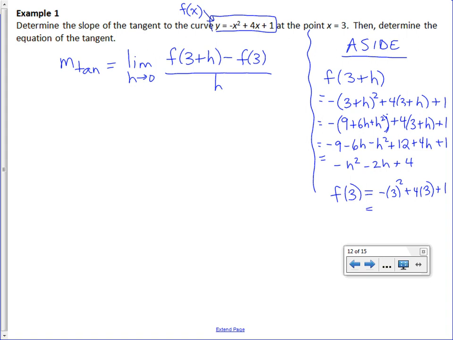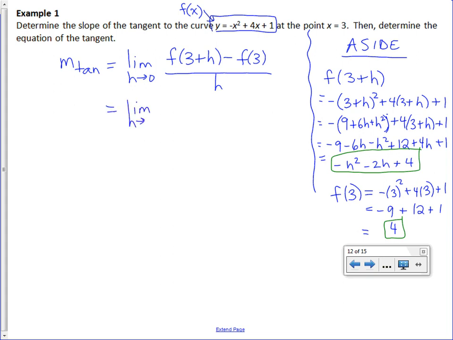So negative 3 squared would become negative 9 plus 12 plus 1. Okay. So now, the two pieces I needed, see those two pieces, those are the two pieces that I'm going to replace in my expression. So I'm done with the aside.